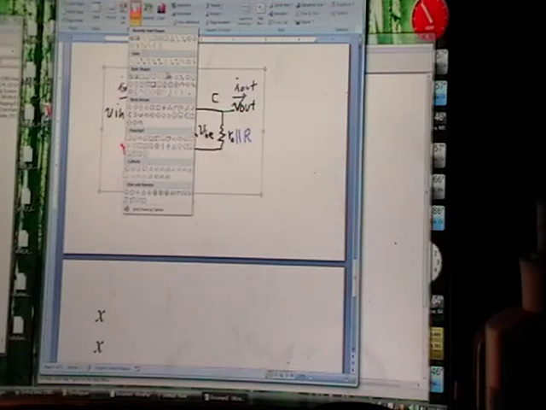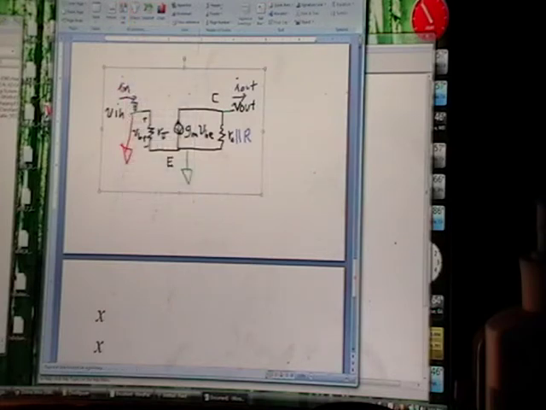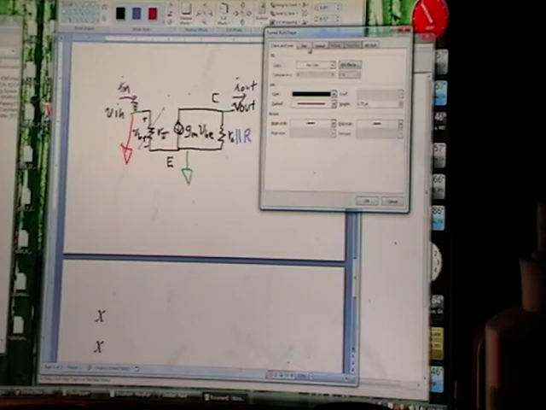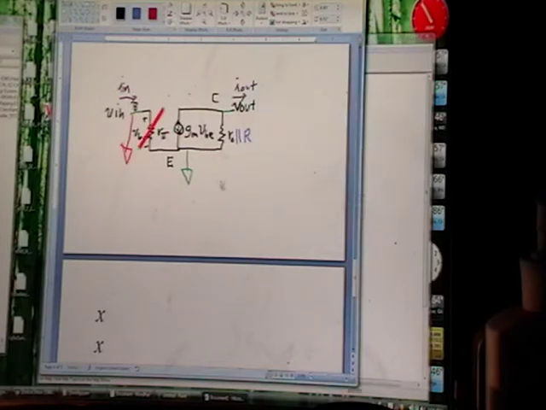So we get to, is there an X here someplace? Not really. I guess we just draw it. Make this big and red. Okay.